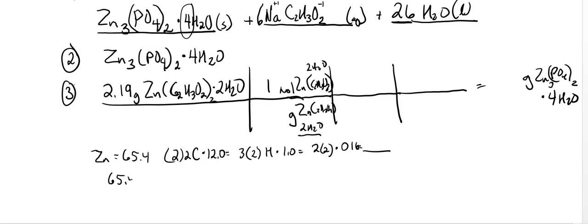So this is 65.4. 2 times 2 is 4 times 12. 3 times 2 times 1. 2 times 2 plus 16 times 16. What is 65.4 plus 6 plus 48 plus 6.0 plus 64?